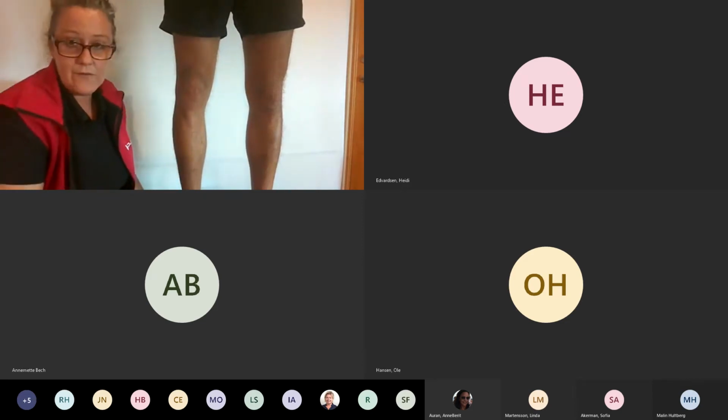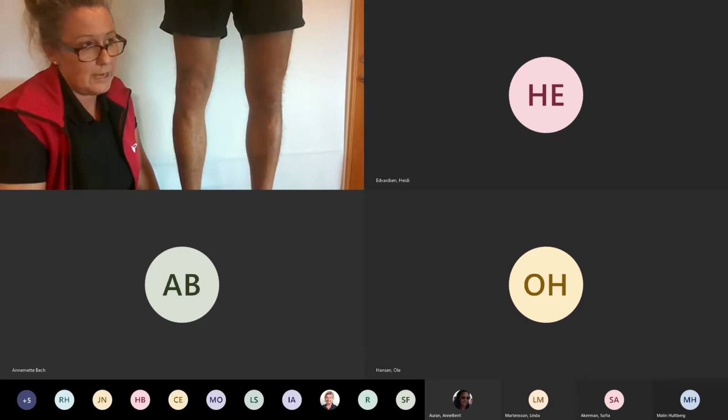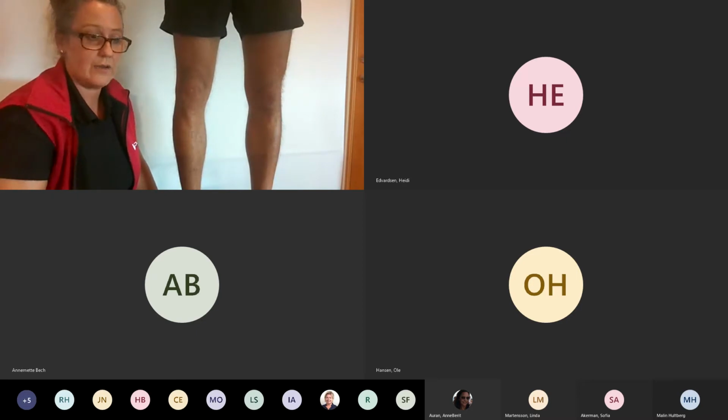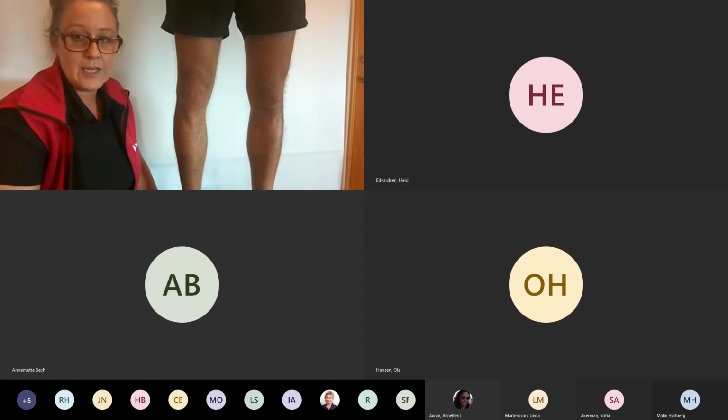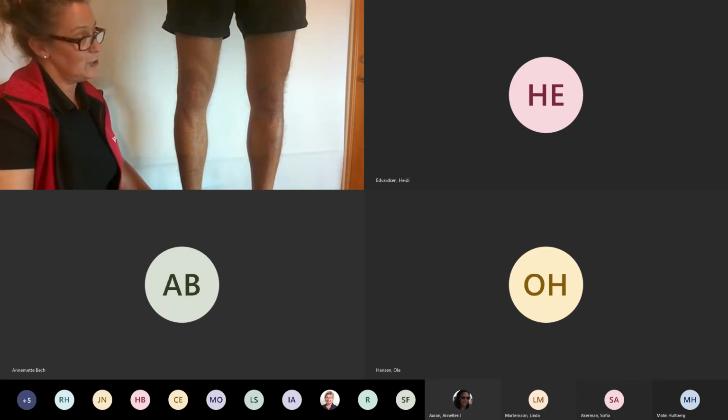Sometimes you have a patient and maybe you're in doubt whether they should have a knee brace on or not. But we have a very simple method to show if the leg will move. Because if the knee joint won't move, it doesn't matter if you put on a brace, because the leg will still be in the same position.